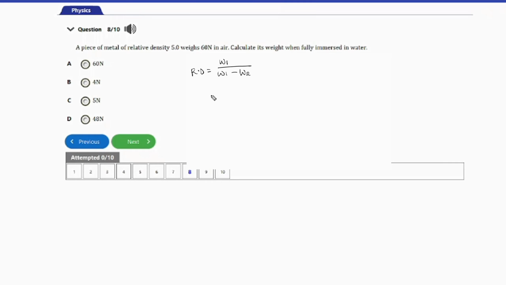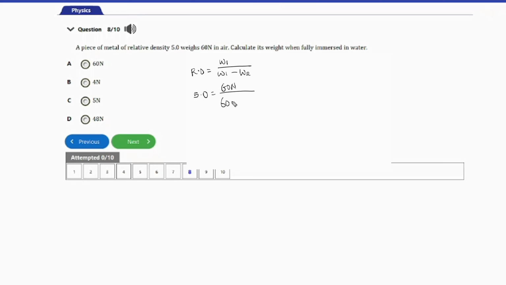So if we have that this way, we already know that the W1 is given to be 60 Newton, that's the first weight here, and then the relative density, let's say RD, is given already to be 5.0. So we are just looking for the W2, so that's when it's fully immersed.